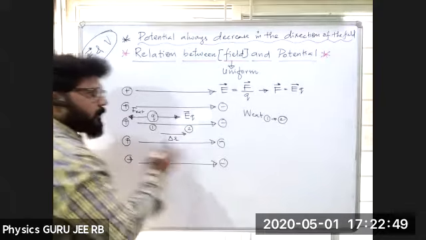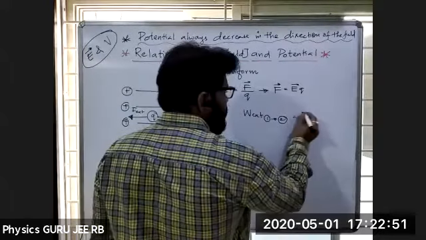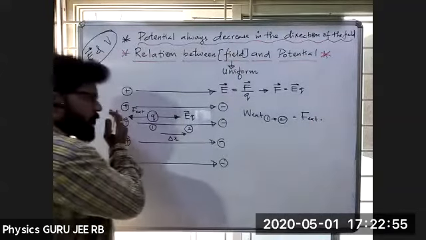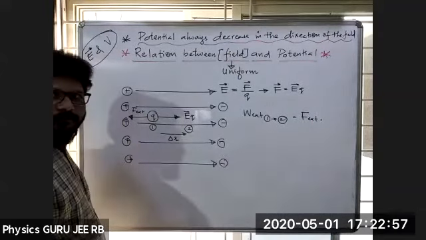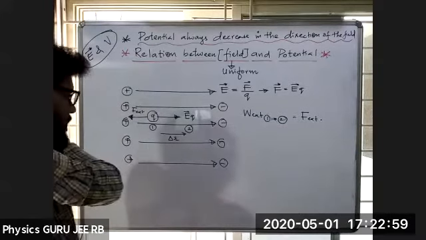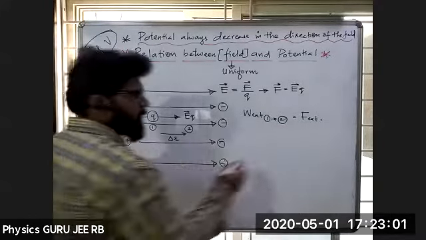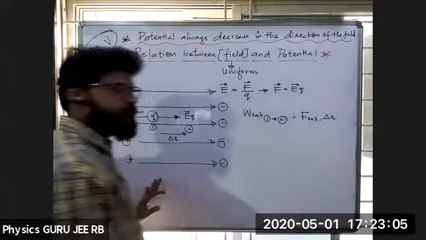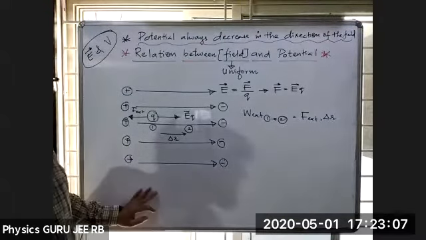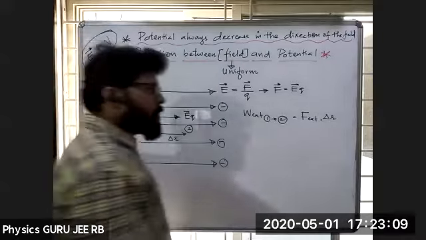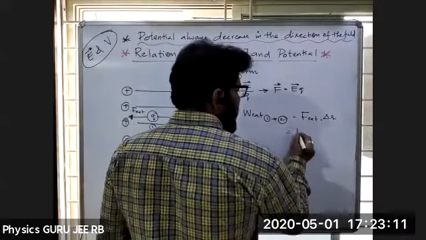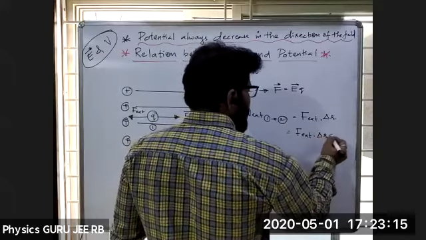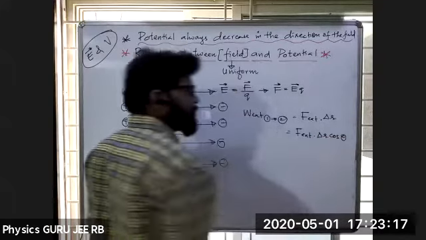Work done by the external force into displacement, delta R, as a dot product. Now, dot means if I remove this dot, F external into delta R cos theta. Am I right? Cos theta.